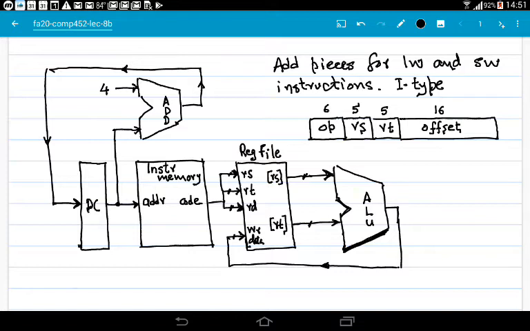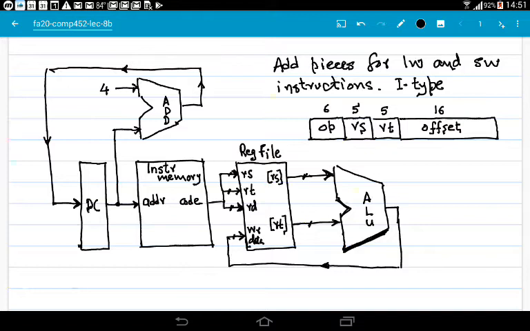This 16-bit field contains a number in 2's complement format, 16-bit 2's complement format. Now let me give you an example.